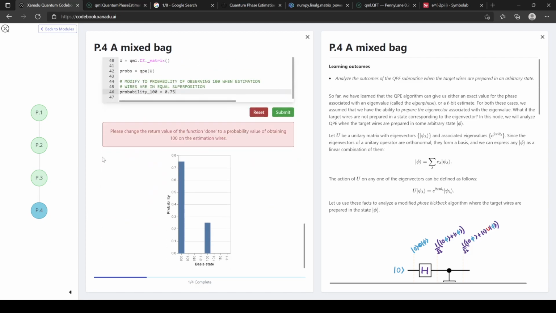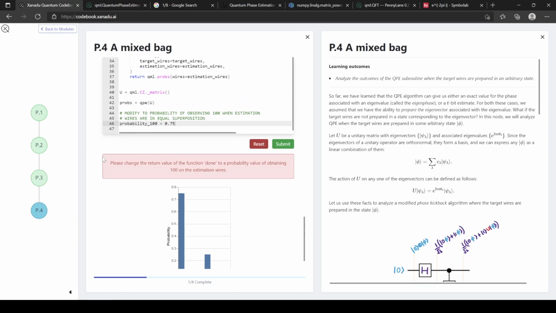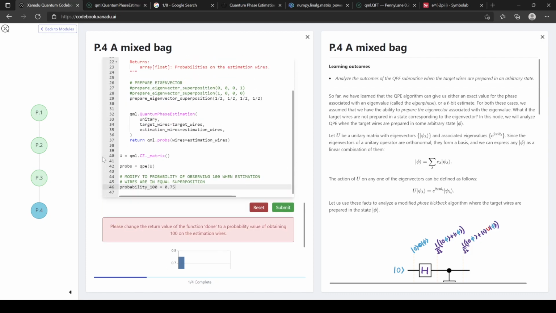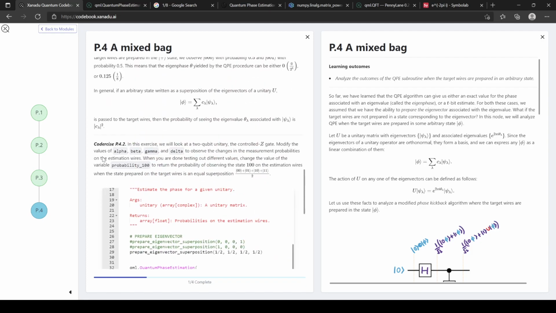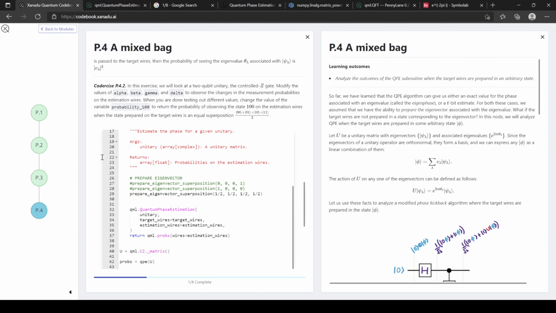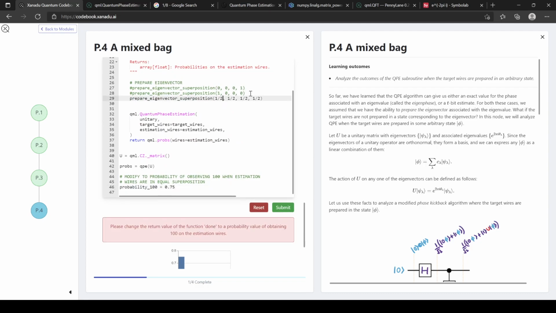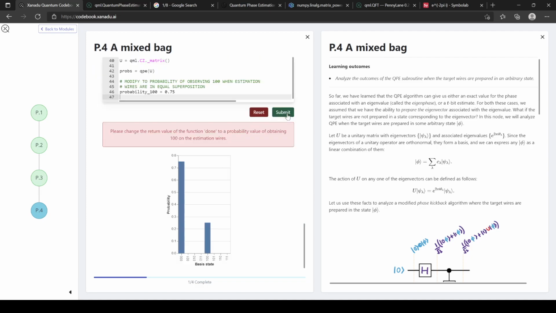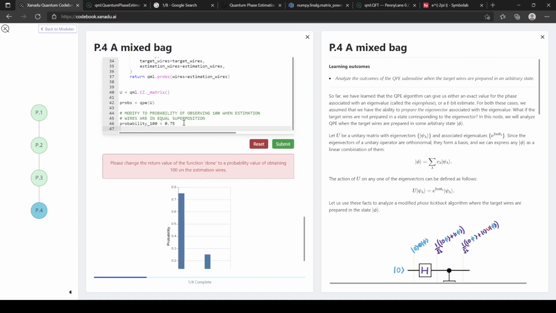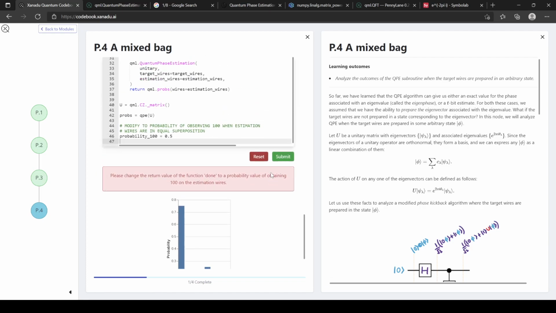There is no function done. Oh, please change the return value of the function done to a probability value. What is going on right now?